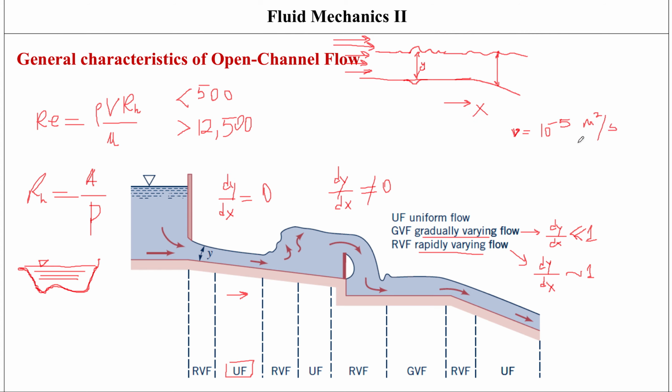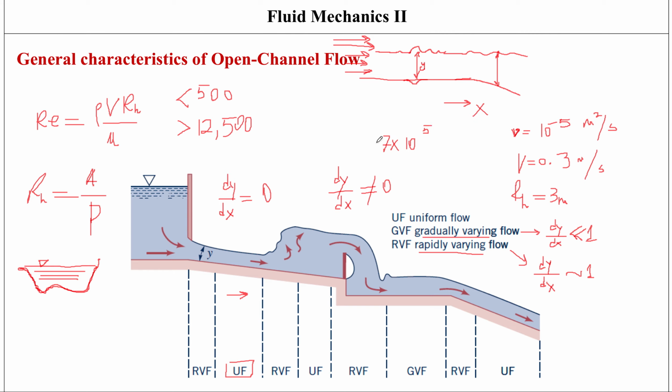And let's say that you've got an average velocity of 0.3 meters per second. So what that would mean is that if you have a hydraulic radius given to you, which is 3 meters, or you could calculate it yourself, then from here you can calculate the Reynolds number for this open channel flow, and that's going to come out to be somewhere around 7 into 10 to the power 5.